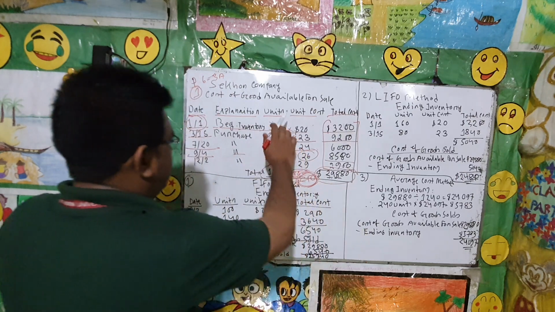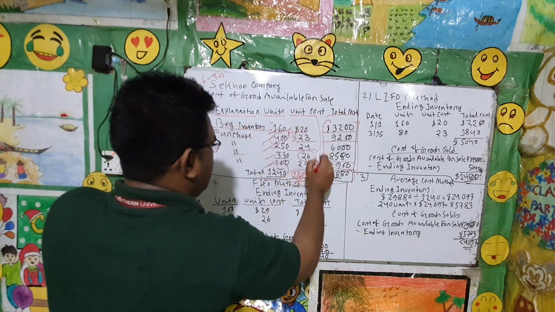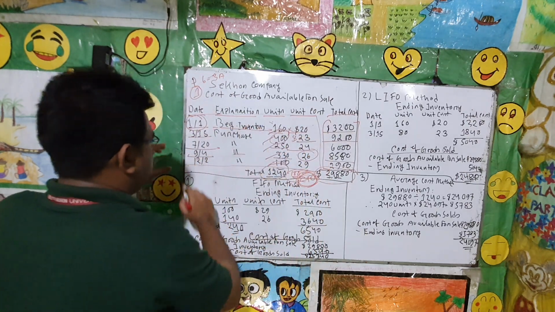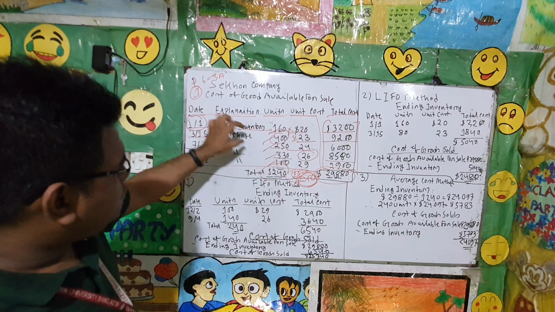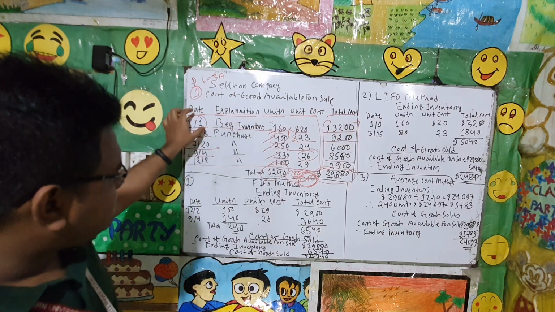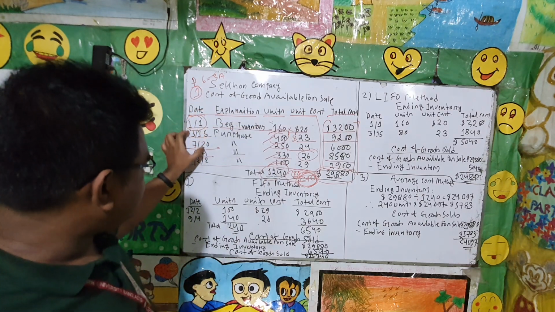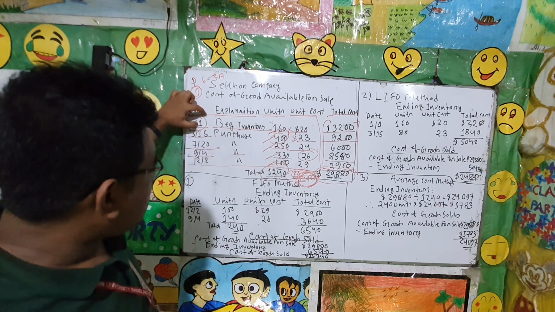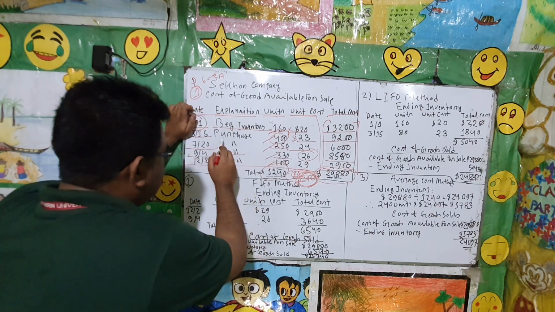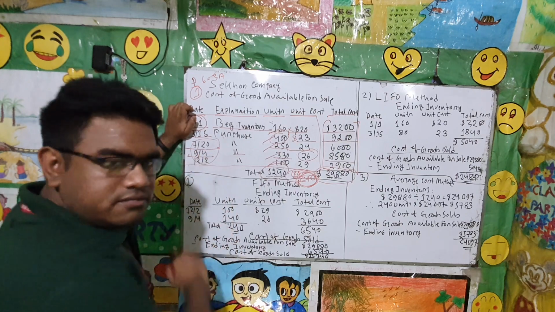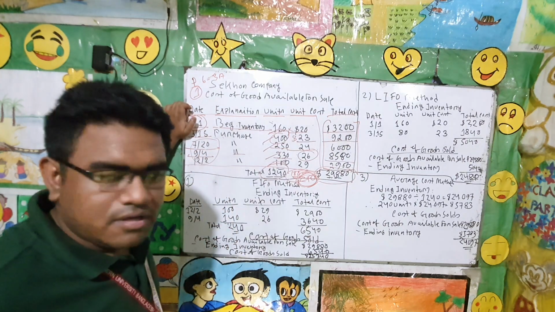So what is FIFO? If you consider it a warehouse, first in, which means beginning plus purchases, if you maintain the sequence, first in, first out. So the ending inventory is here, isn't it?